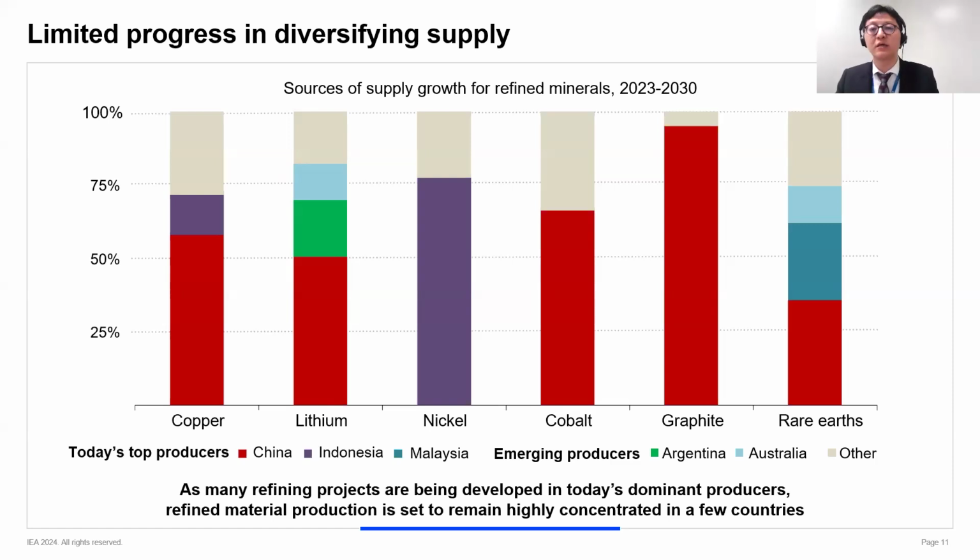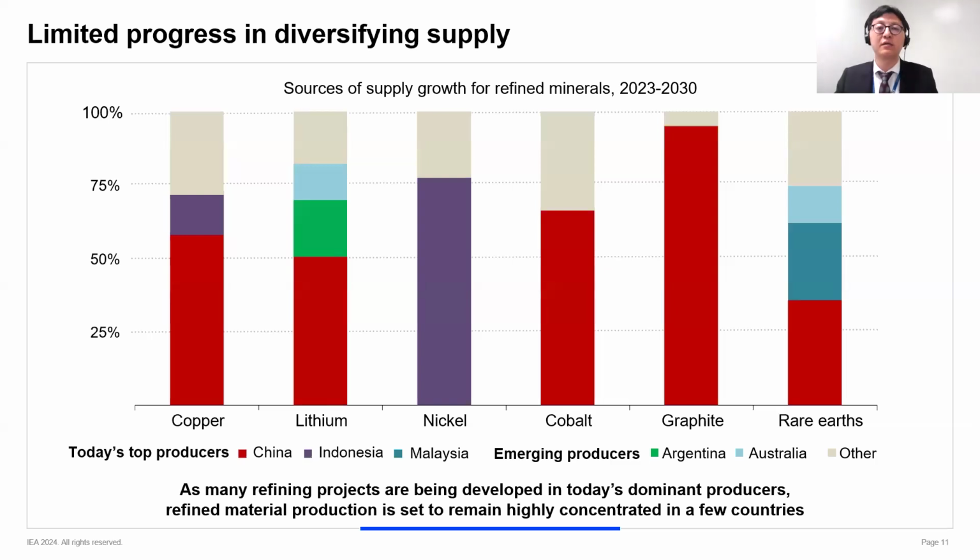This is because almost 75% of the supply growth for these refined minerals between today and 2030 comes from today's top three producers. As you can see from the chart, in many cases the top single producer accounts for a large portion of the supply growth in this decade: Indonesia for nickel and China for others.